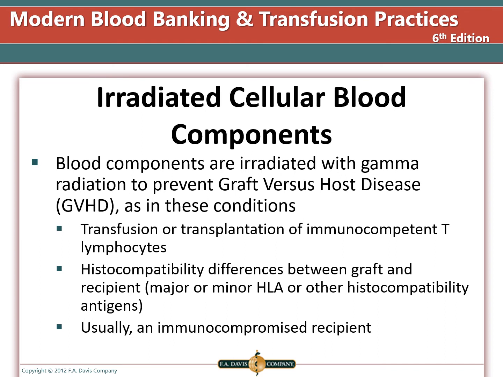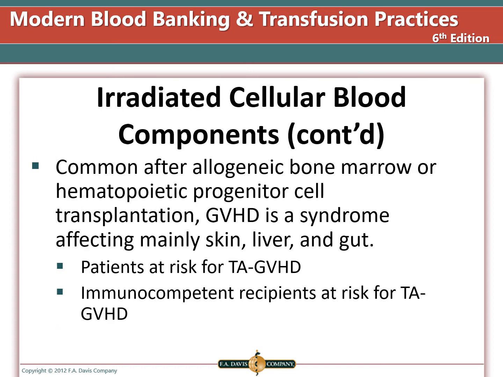Irradiated cellular blood components are utilized to prevent graft versus host disease when transfusing or transplanting immunocompetent T lymphocytes, when there is an HLA incompatibility or the patient is immunocompromised. This is also important when a patient is receiving products from a close relative, as this is more likely to cause graft versus host disease.